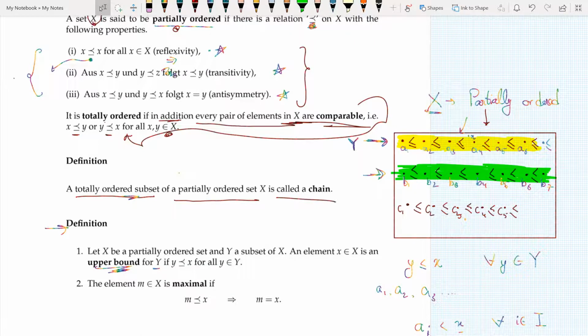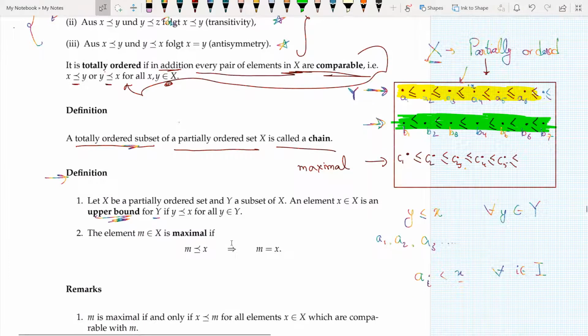So I have a partially ordered set composed of an infinite number of chains, and each of these chains has a maximal element, which implies that the whole of my capital X has a maximal element.